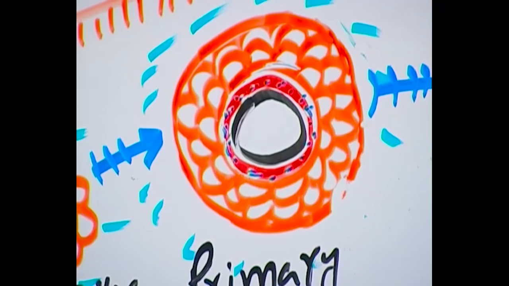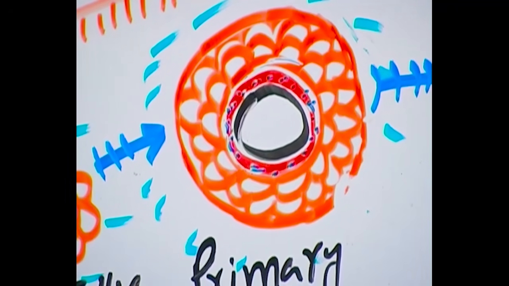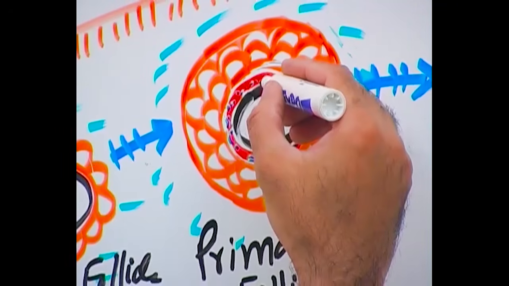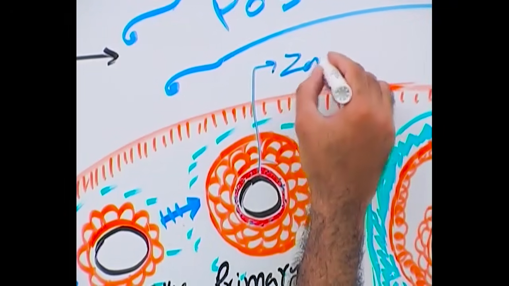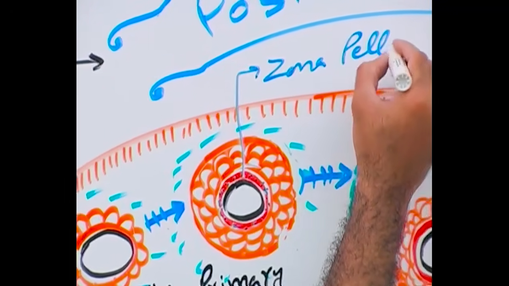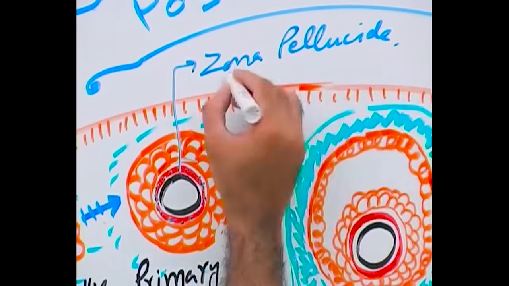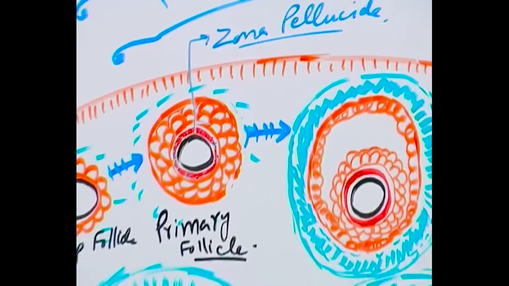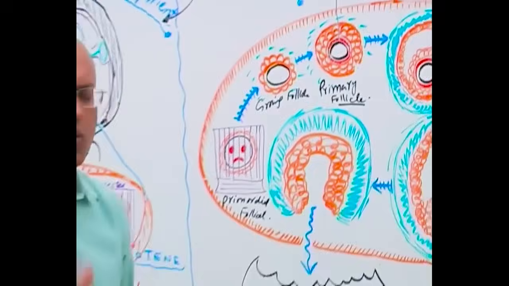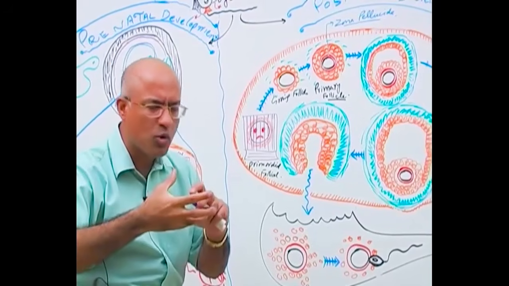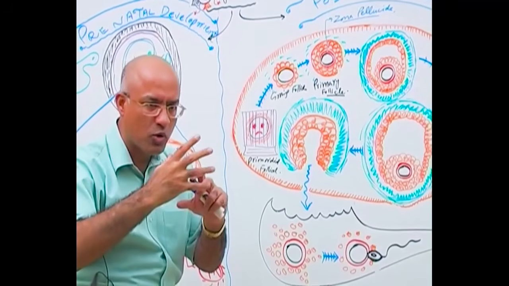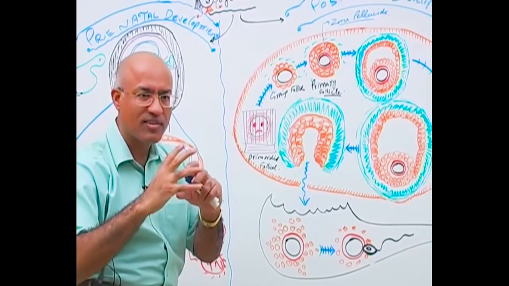This is called the zona pellucida. Zona pellucida is a zone, a meshwork layer of glycoprotein around the ovum, outside the ovum and inside the follicular cells, right?